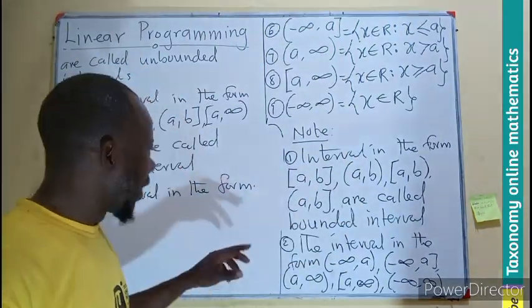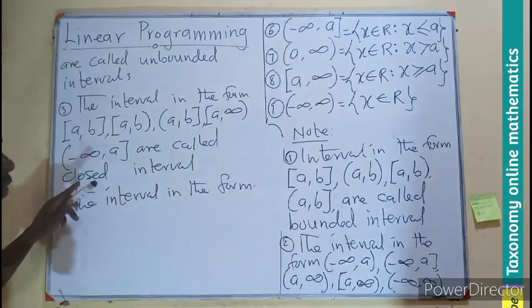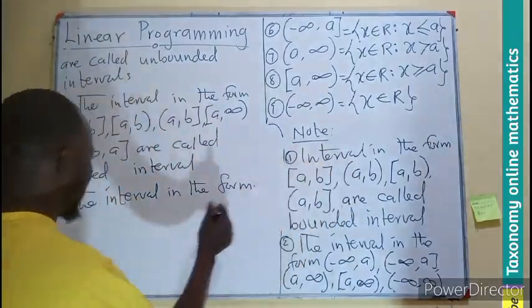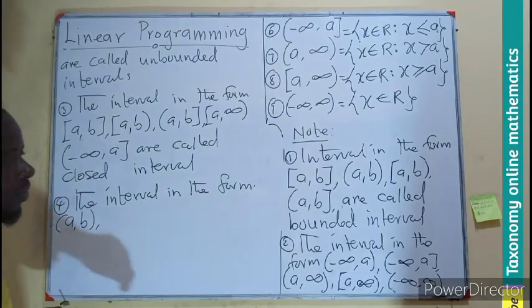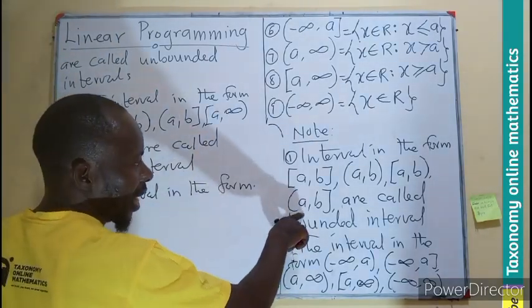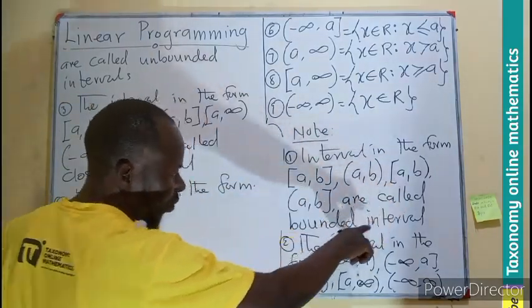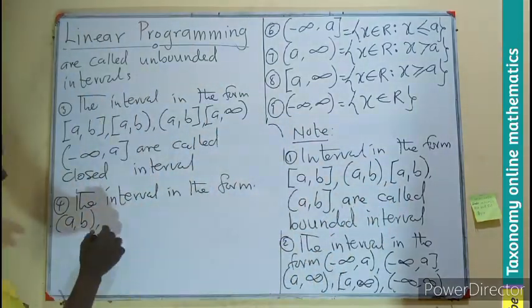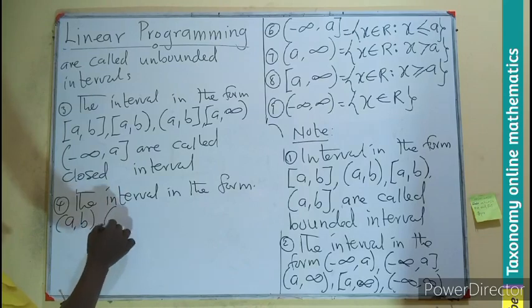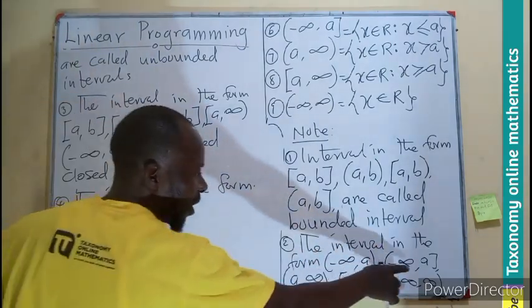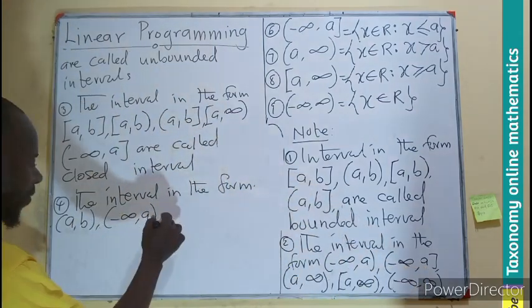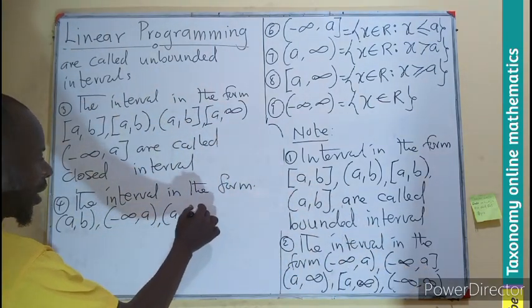So we can state the ones that are open from here. This A and B are not part of the interval. Here none is part. If you come here, A is part. Here, A is not part.